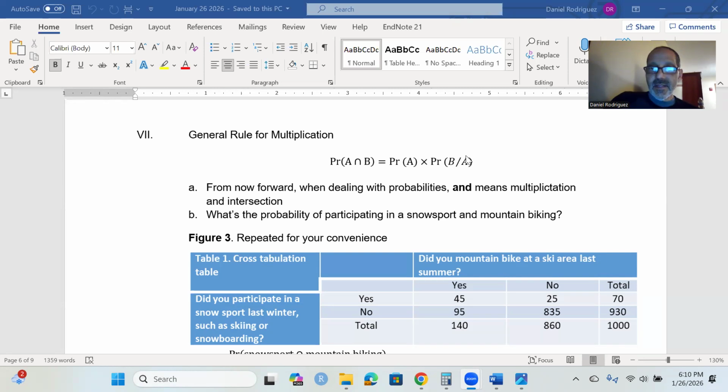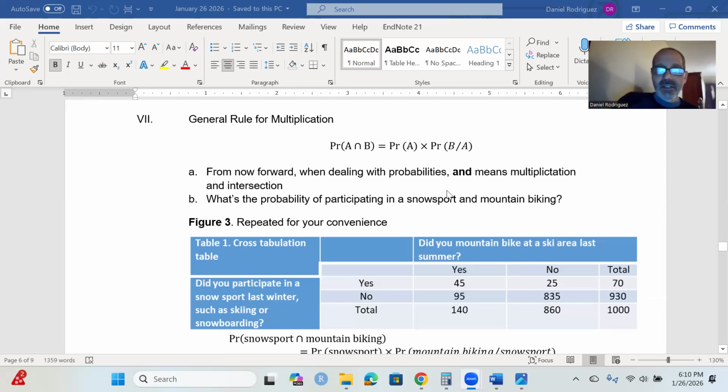The reason is that if A is independent of B, the occurrence of A will provide no information about the occurrence of B. When something's conditional, the occurrence of whatever's behind the slash will give us some information about the occurrence of B. Knowing that A occurred will tell me something about whether or not B occurred. But if the occurrence of A tells me absolutely nothing about B, we could just pretty much ignore A. So that's how we got that independence equation.